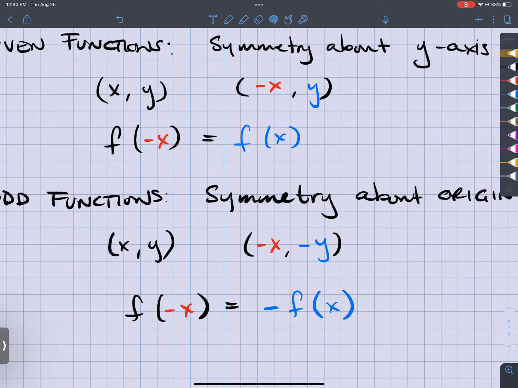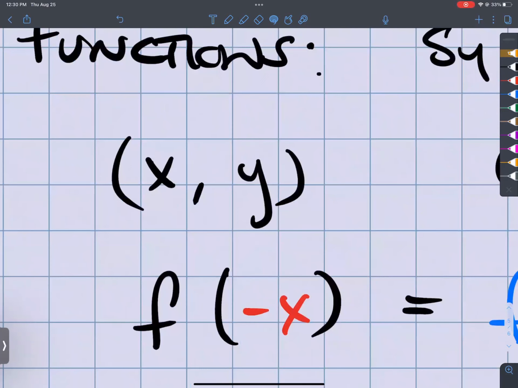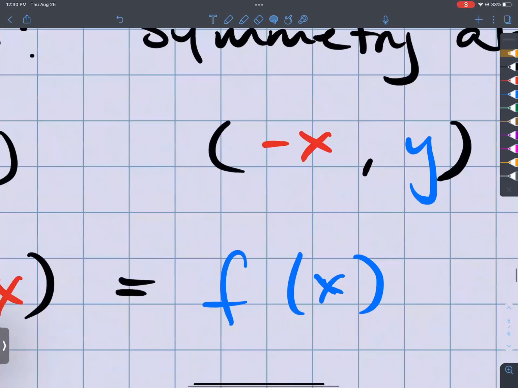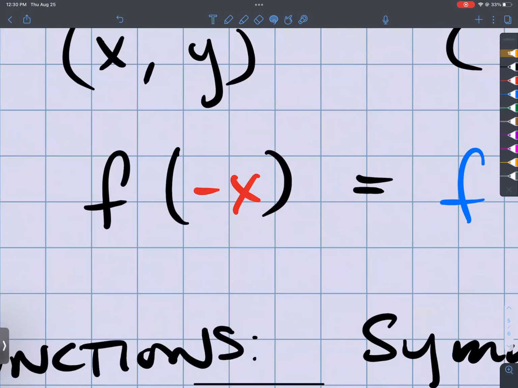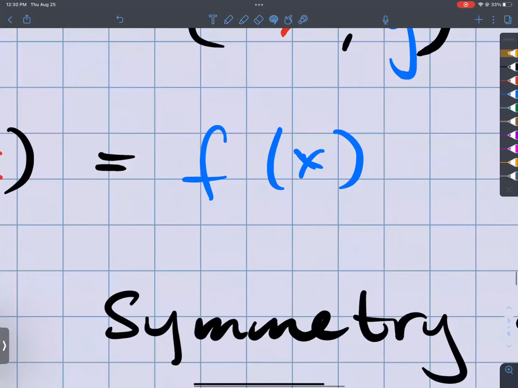So essentially, when I start off with a point that's just x comma y, I know if I reflect it over the y-axis, my x would change, but my y wouldn't. So that's why in here I had to change my x to be negative, but my y would still stay exactly the same.